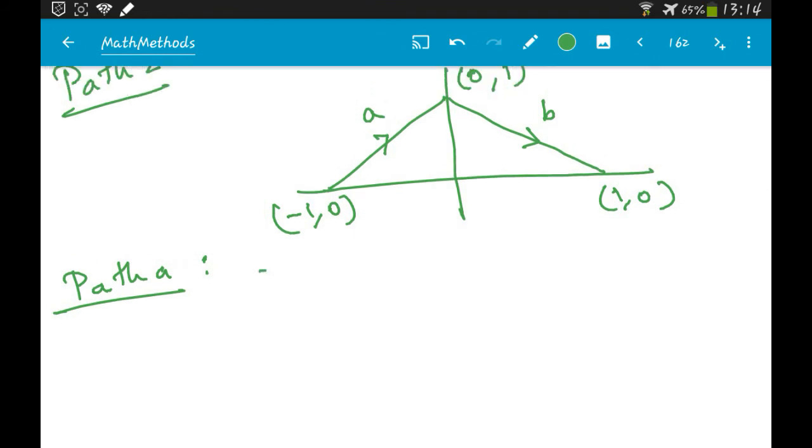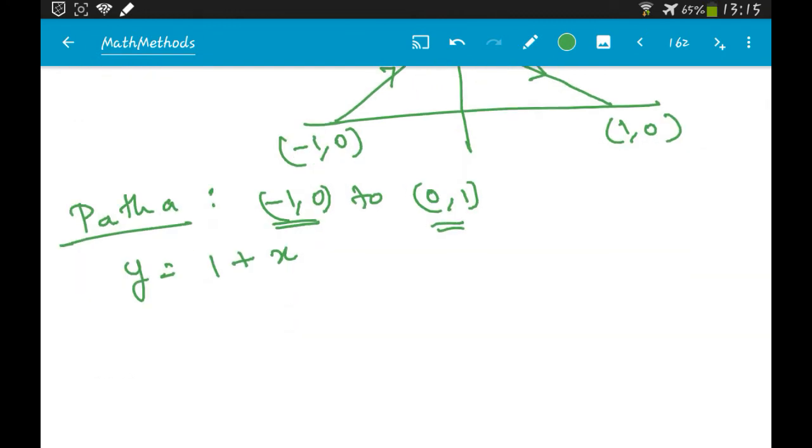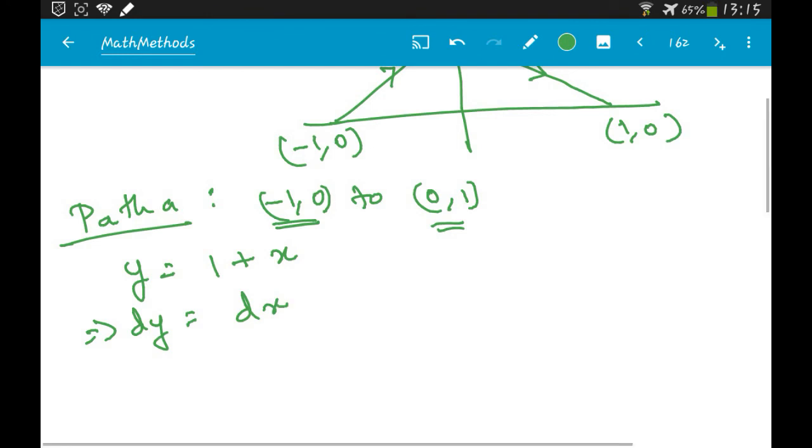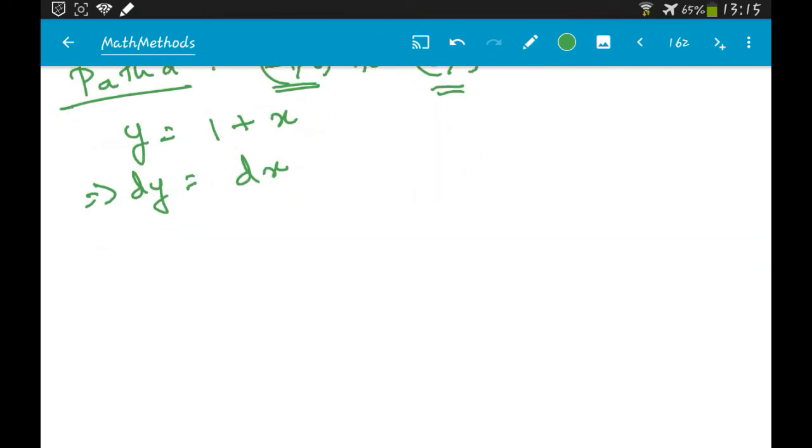Path A goes from minus 1, 0 to 0, 1, right? Which means y is equal to 1 plus x, right? So when x is minus 1, then y is 0, which is this point. And when x is 0, then y is 1, which is the other point. And therefore dy will be just dx. Alright, so now you can convert.